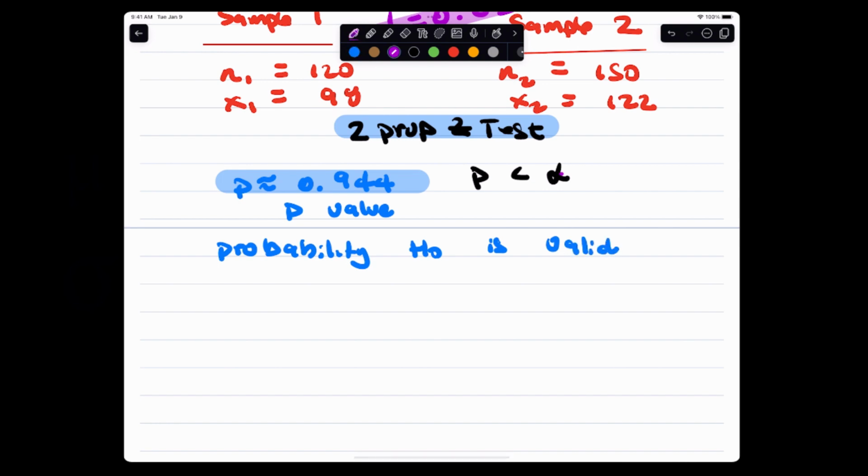The threshold is 5%. Remember, anything smaller than 5% is not likely. So we're going to have to check, is 0.944 smaller than the 5% level of significance?